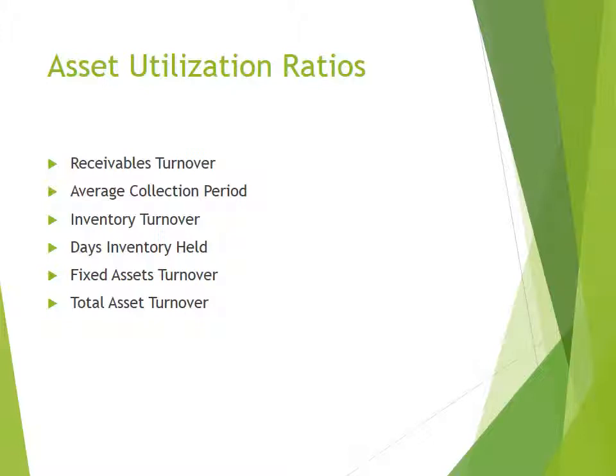We won't focus heavily on these ratios for the course. That is something that you could get in other courses. However, you do need to know them. They include receivables turnover, average collection period, inventory turnover, days in inventory held, fixed asset turnover, and total asset turnover.